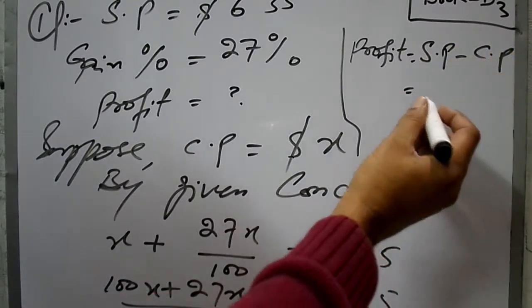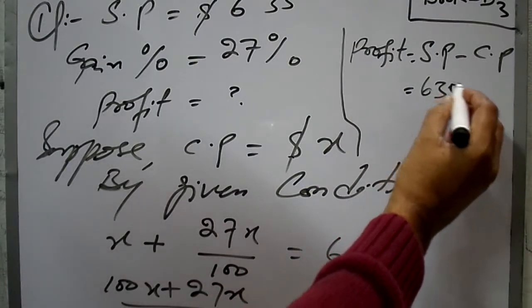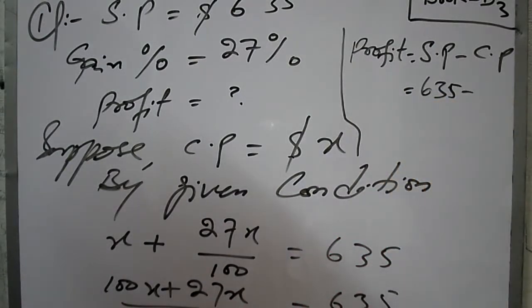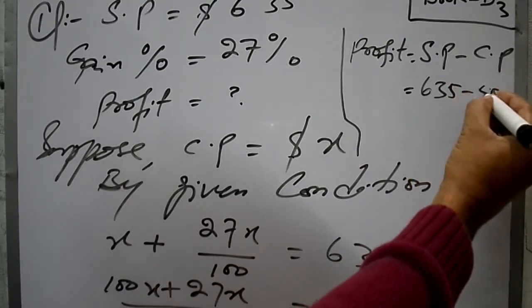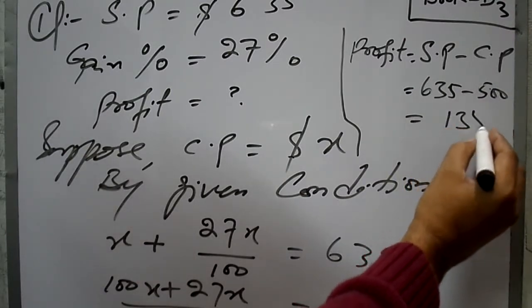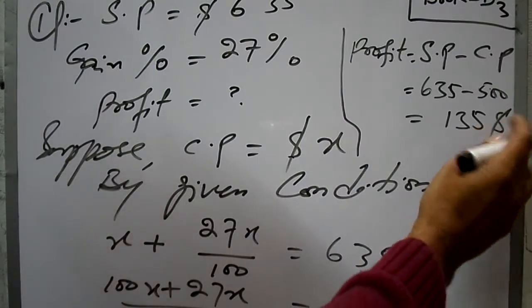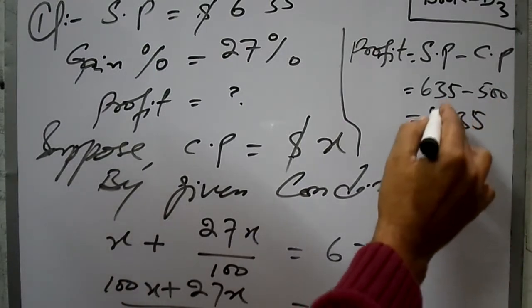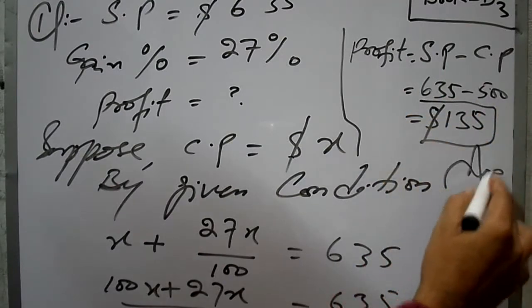So sale price is 635 minus cost price, which you have just calculated, that is $500. You should subtract it, so you will get $135. So $135 is your required result.